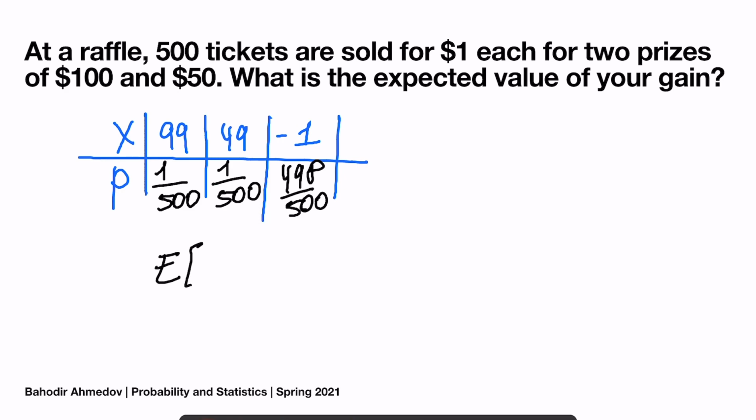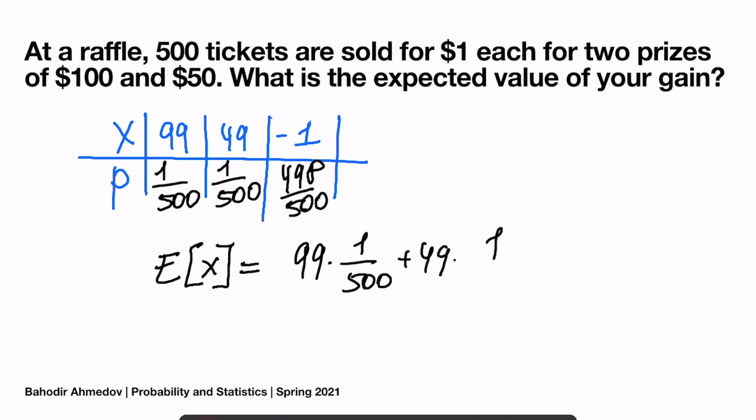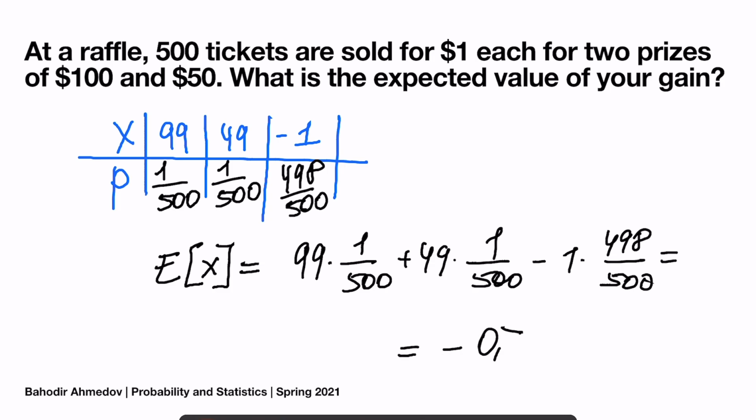The expected value of x, so the average profit you should expect, is going to be 99 times its probability plus 49 times its probability minus 1 times its probability. And if you add all of these numbers, it is going to be equal to minus $0.7, or 70 cents.